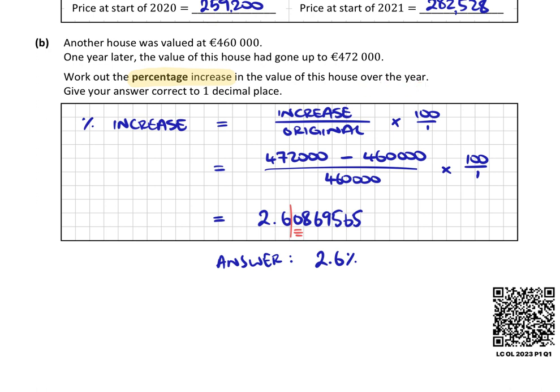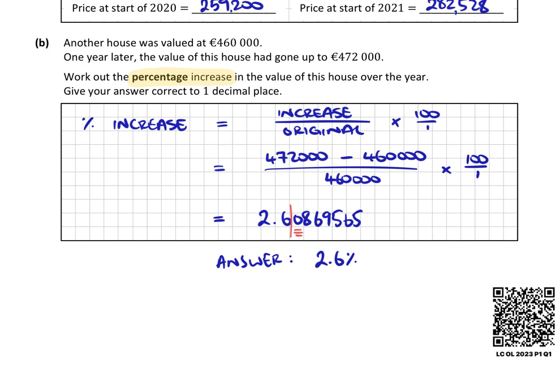Anytime you're looking for a percentage increase, you need to know what the increase is over the original amount, and then to turn that into a percentage, we multiply by 100 over 1. So anytime you want to turn a fraction into a percentage, you multiply it by 100 over 1.